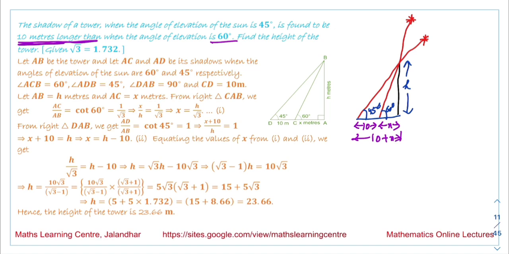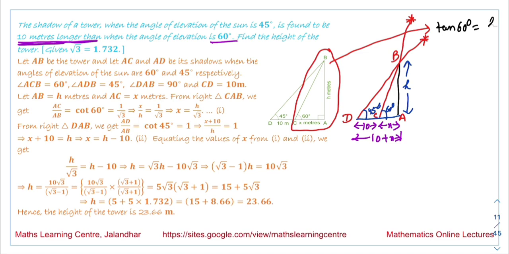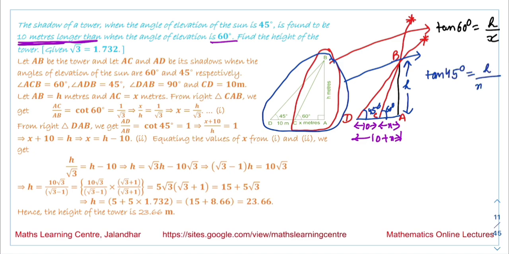So we have two triangles over here. We have marked these points as D, C, A and B. First we talk about the triangle ABC. In this triangle ABC we have tan 60 degree equal to h by x. And in the second triangle, triangle ABD, we have tan 45 degree equal to h over x plus 10.